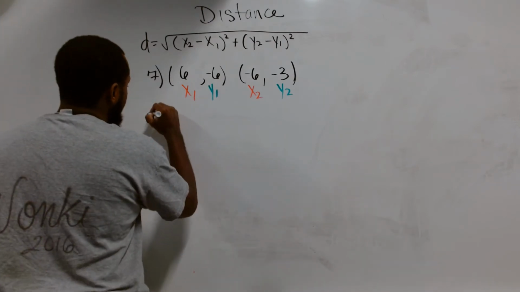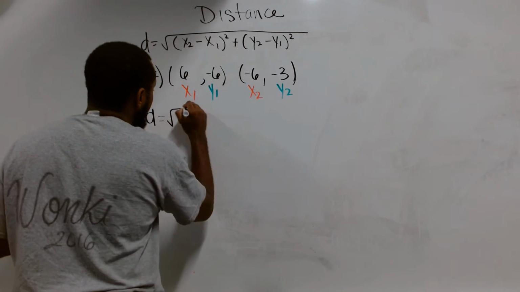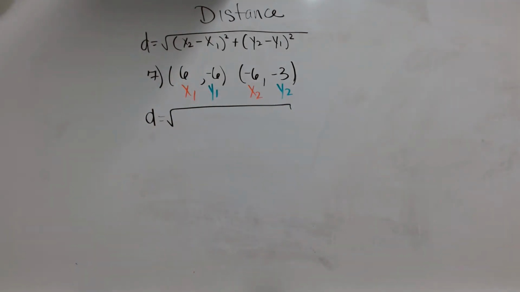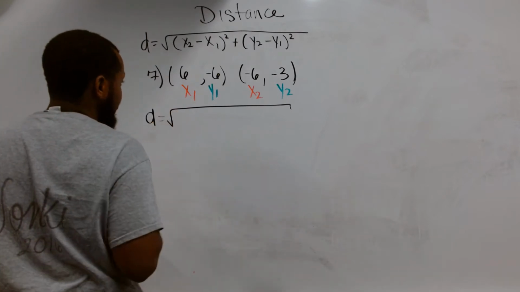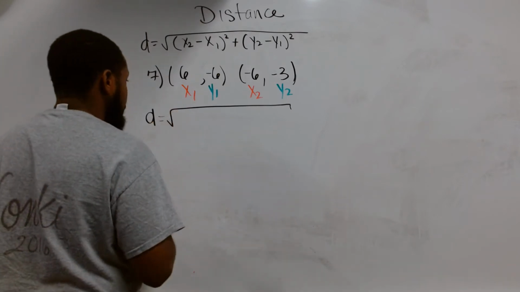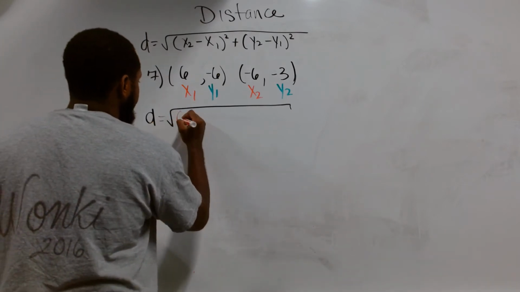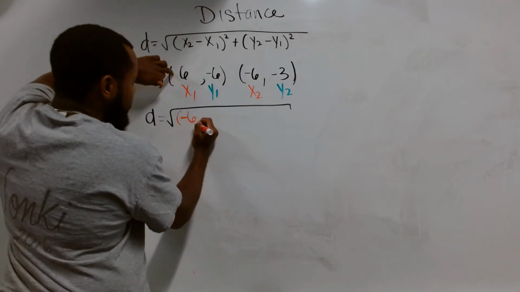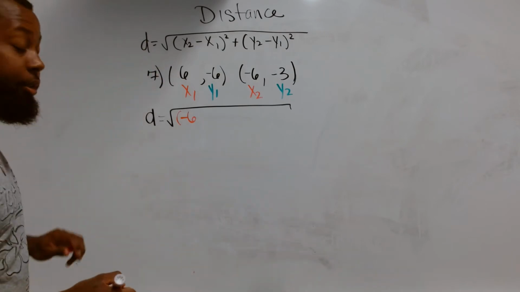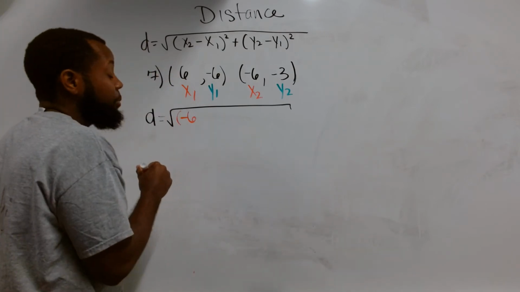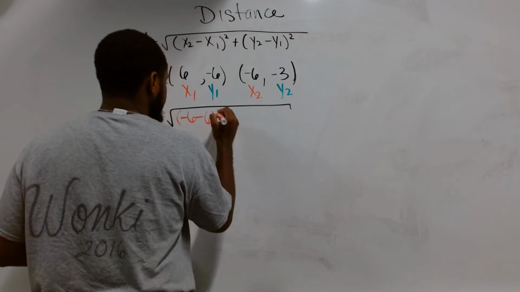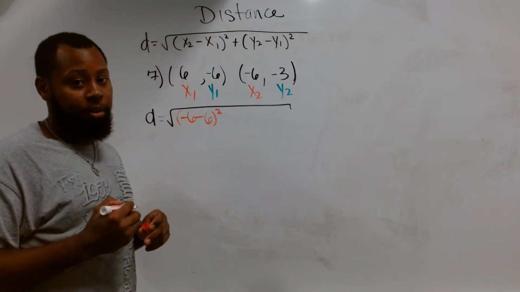So we already know D, which is distance, is equal to the square root of x2 minus x1. So let's start plugging this in. x2, which is -6, since our x1 is a positive number, that means we're going to subtract. And we're going to put our little baby square up there.